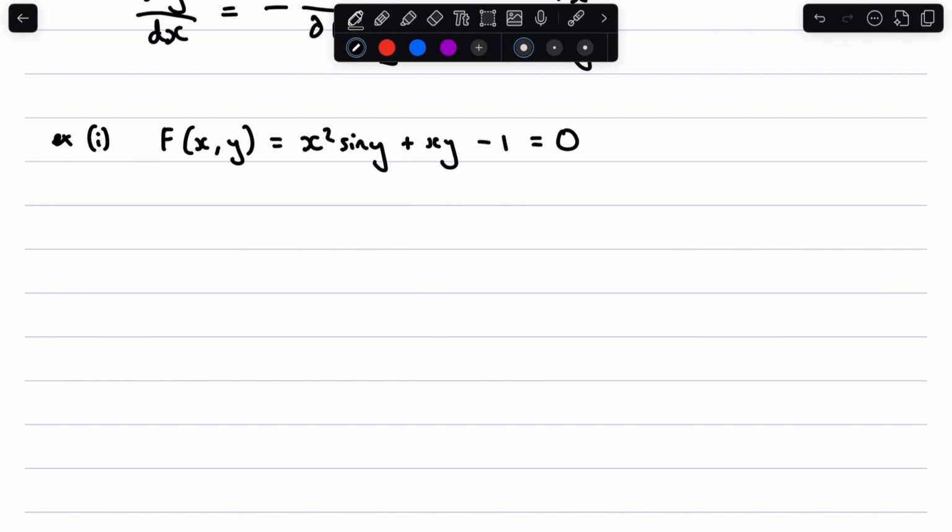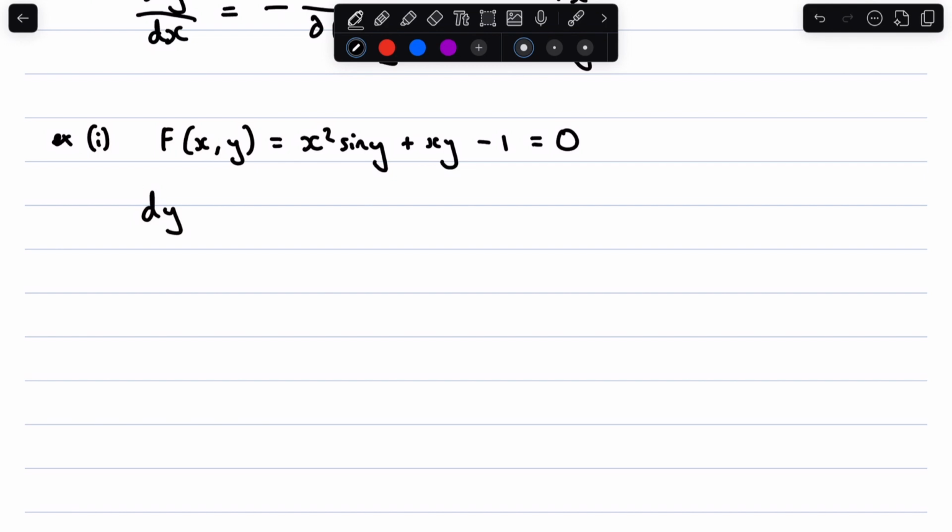If we use this function as an example, it was actually the function we used when we were talking about implicit functions back in the differentiation section of this topic, and we found out what dy by dx was in another method, but now we can use our partial differentiation method and see if it's the same.